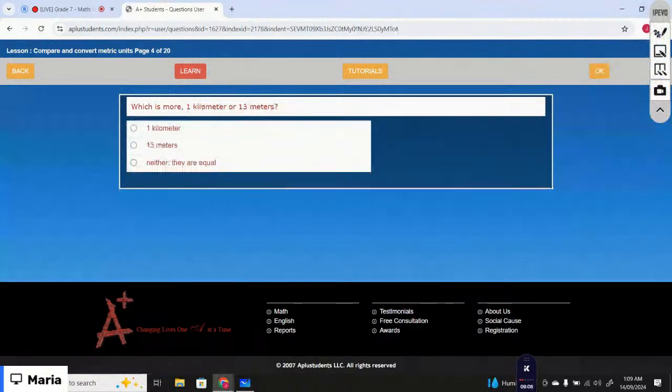Okay, which is more, 1 kilometer or 13 meters? Which is the correct option? 1 kilometer equals 1000 meters, right?